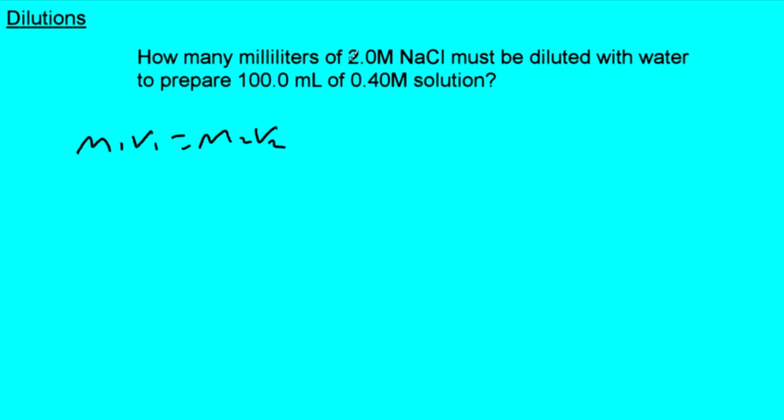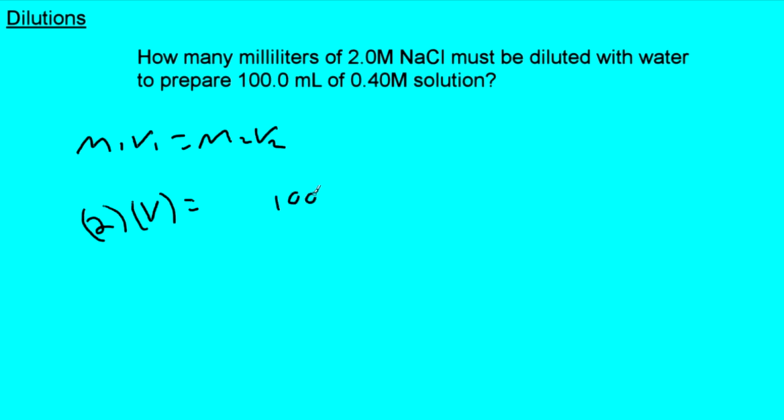How many milliliters of a 2 molar sodium chloride? So the trick to these is keeping these together. We've done these kind of problems before. So it's asking for how many milliliters, so that's volume, that's over here, of a 2M solution. So we're going to put the 2 here. The 2M is associated with some unknown volume. How many milliliters of 2M must be diluted with water to prepare 100 milliliters?